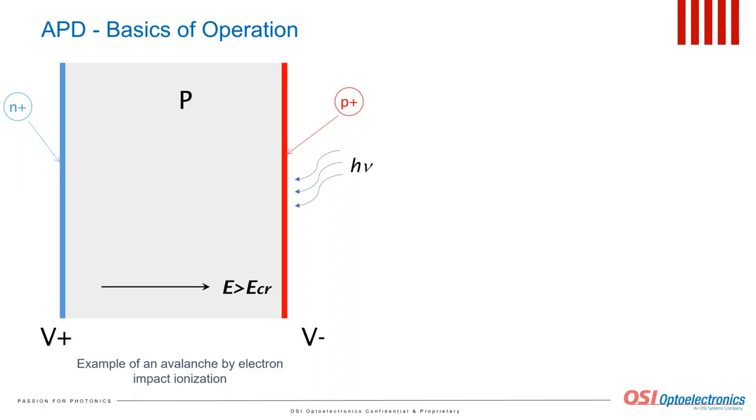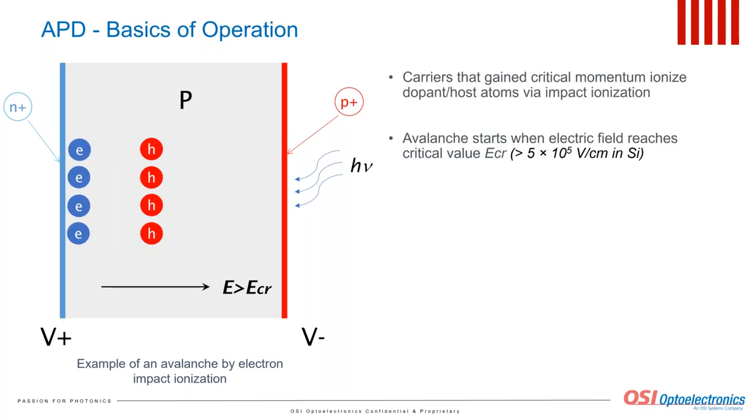Non-equilibrium carriers generated through light absorption will be accelerated in the field, and the higher the field, the higher the energy and momentum each carrier acquires. Drifting carriers may encounter collisions with the dopant atoms, and if the carrier energy is high enough, it can ionize the dopant atom, creating additional free carriers through a process called impact ionization.